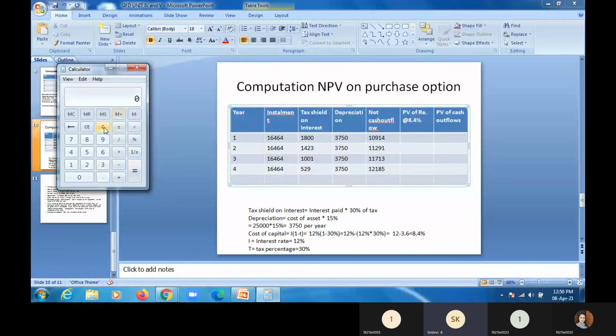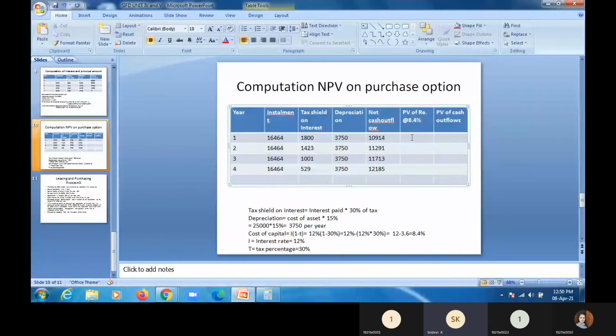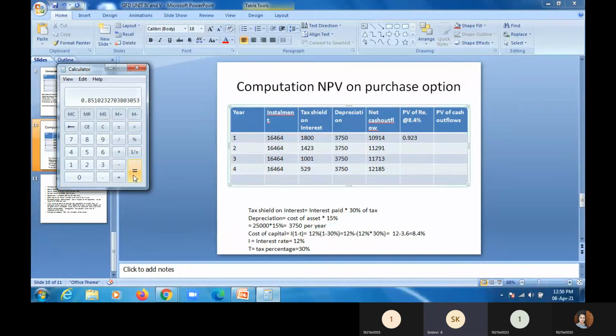So it is equal to how much? 1 divided by 1.084 means how much? 0.9225, take it as 0.923. So you press the equal to button.